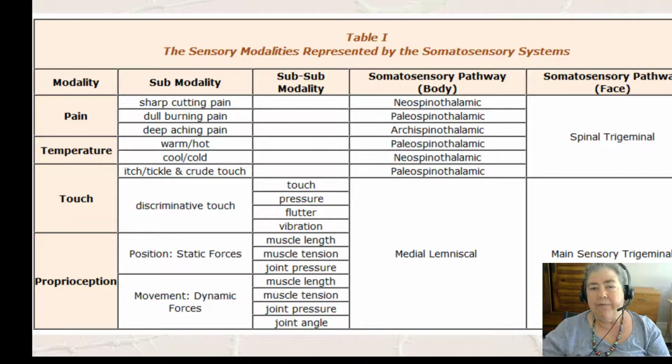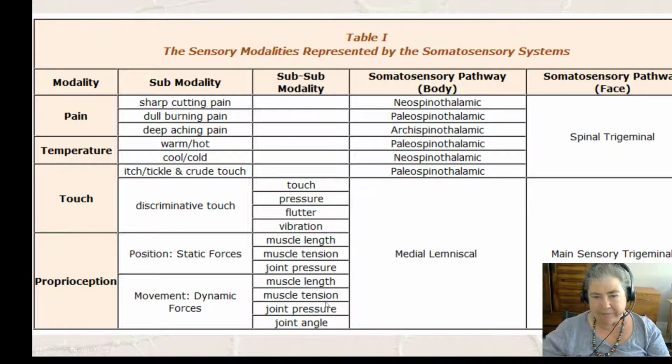Okay, and talking about proprioception, proprioception is the sensation of where you are in space. It includes static forces, again, based on muscle length, on muscle tension, and on pressure on joints. It includes movement or dynamic forces, so changes in these things.